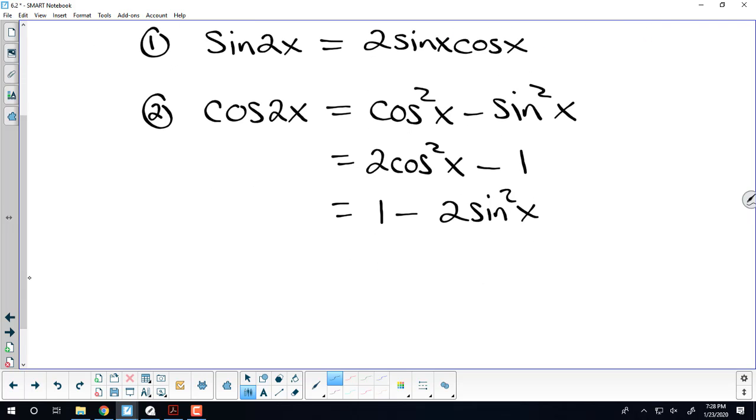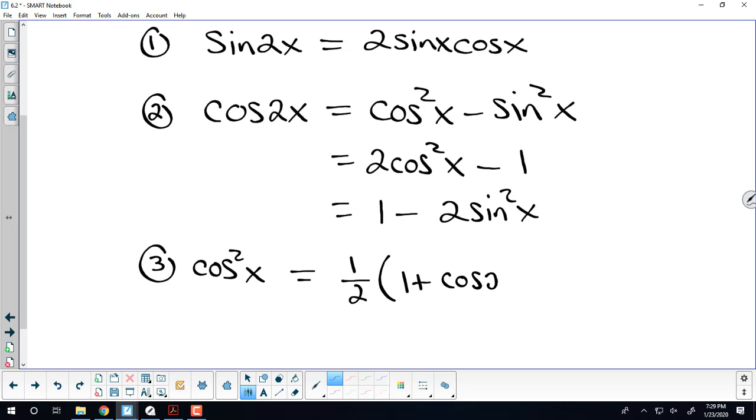Let's see what else. Yeah, the integrals for cosine squared and sine squared. Integrating these is quite common, and to integrate those, we rewrite them in terms of their identity. Cosine squared x is 1/2 times 1 plus cosine of 2x.